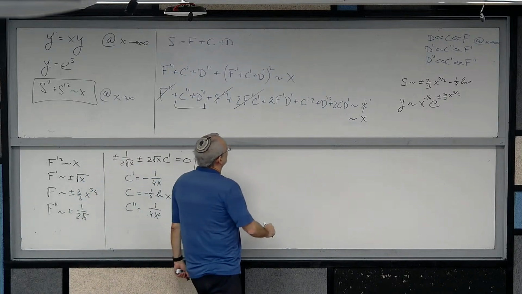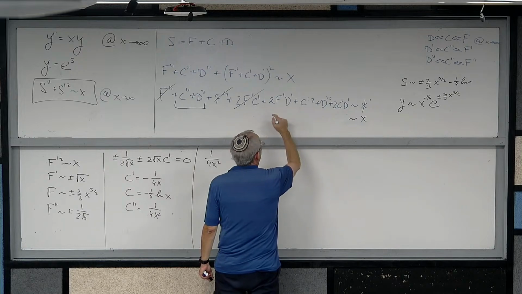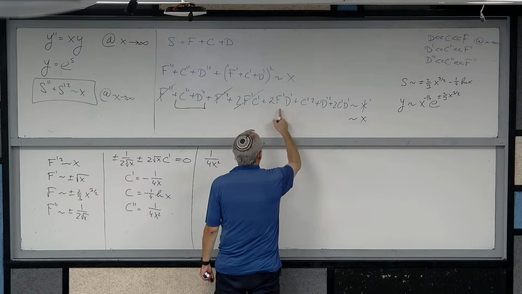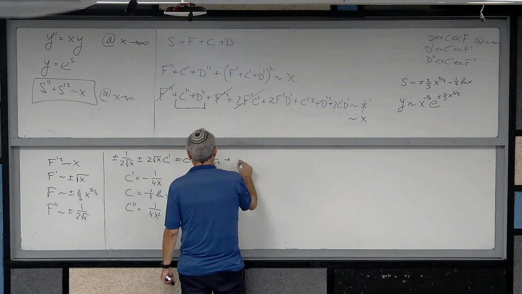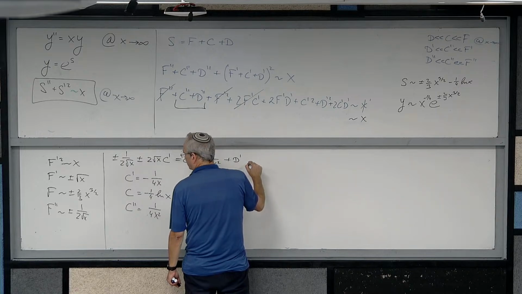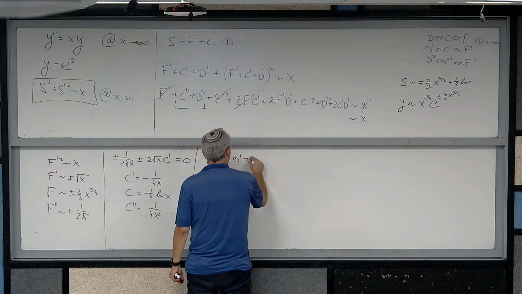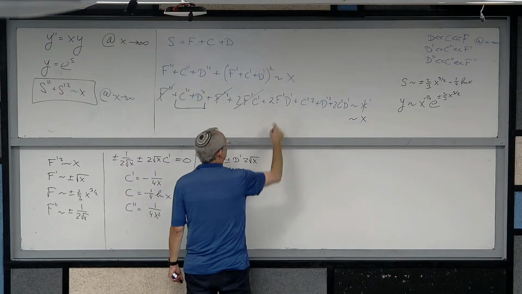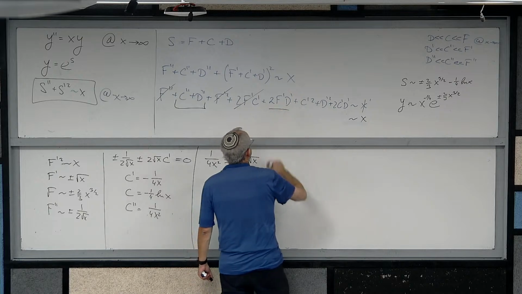Now, clearly, I have, okay, so now I have plus 2f prime d prime. 2f prime is plus minus 2 square root of x. This is 2 f prime d prime. Okay? This is this one.